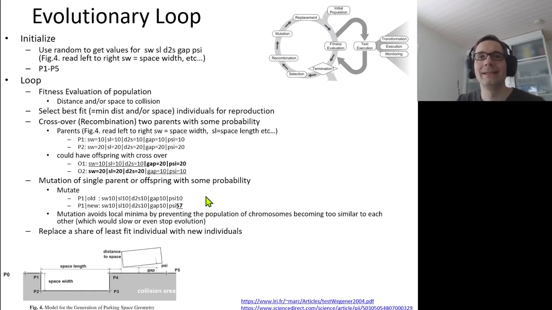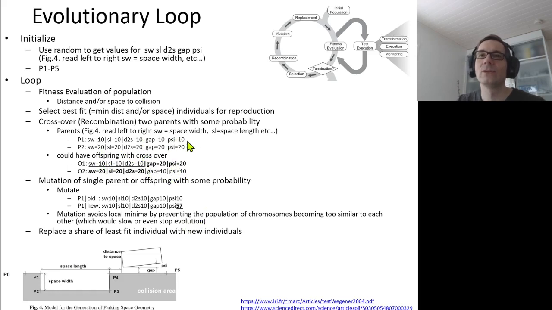And why is this mutation step here? Well, basically it avoids the local minima or local maxima. So if the chromosomes, which are these individual values of the test cases, become too similar to each other, this would slow down or even stop the evolution. So if for some reason all of the offspring and all of the parents, for example, all of them have PSI value 10.